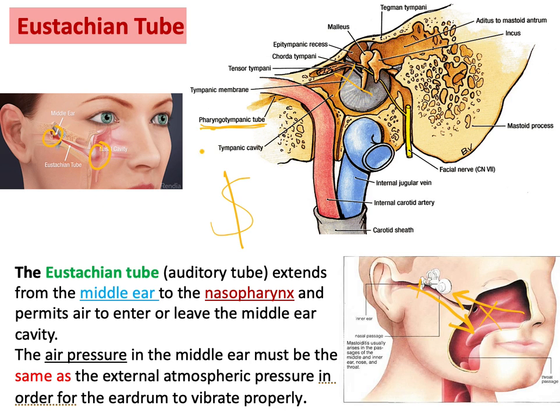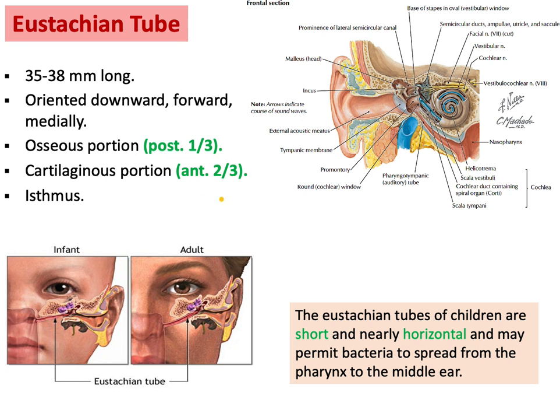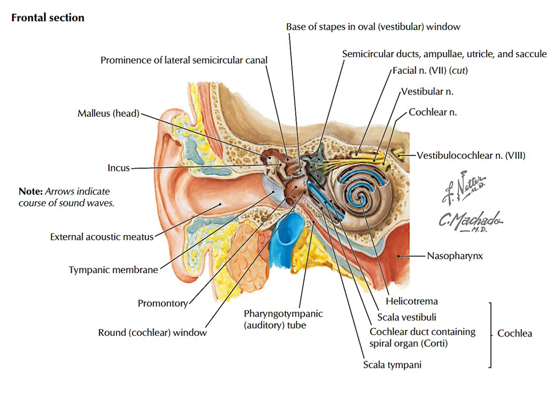So what's the significance of this tube? You know that we need the air pressure on each side of the eardrum, the tympanic membrane, to be equalized in order for the tympanic membrane to work properly.